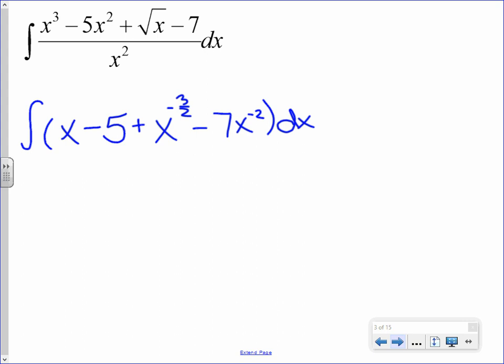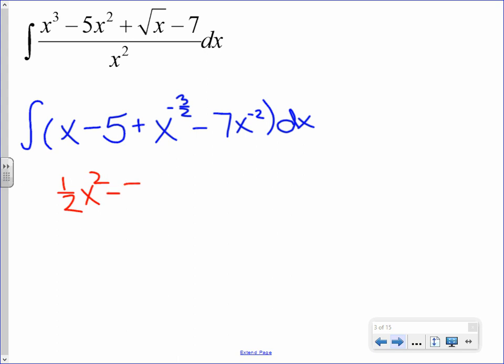Okay. Now, do we have 5 individual power rules, essentially? We do. We can take the antiderivative one term at a time. X becomes 1/2 x squared. Negative 5 would become, what, Eli?